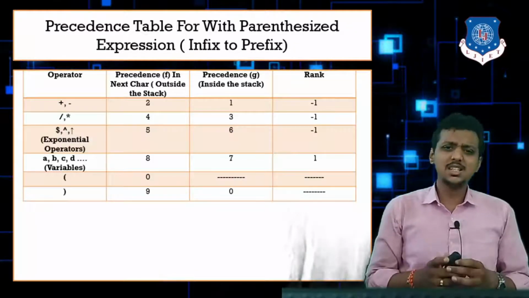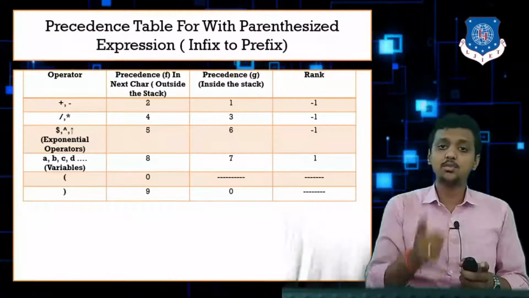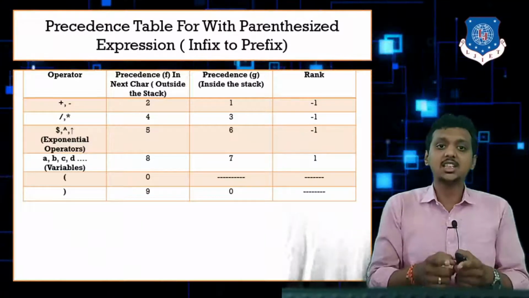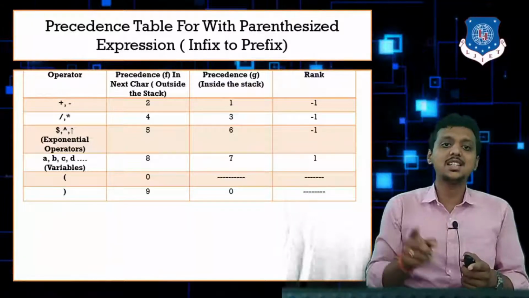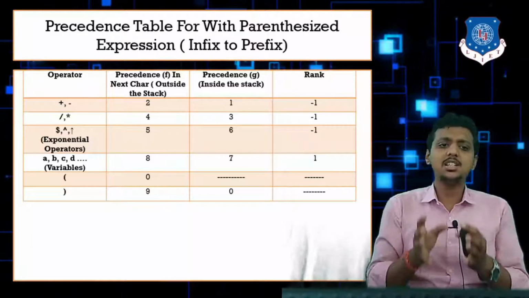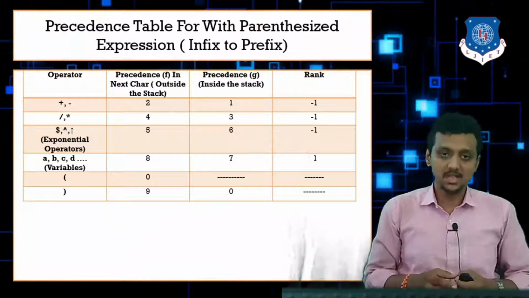Students, as you can see the precedence table, if you remember the precedence table for the infix to postfix conversion, then you will get a better idea. At that time it went like this: 1 2 3 4 5 6 7 8 9 and 0. But here the precedence table is a little bit different. It's totally the vice versa of the postfix conversion.